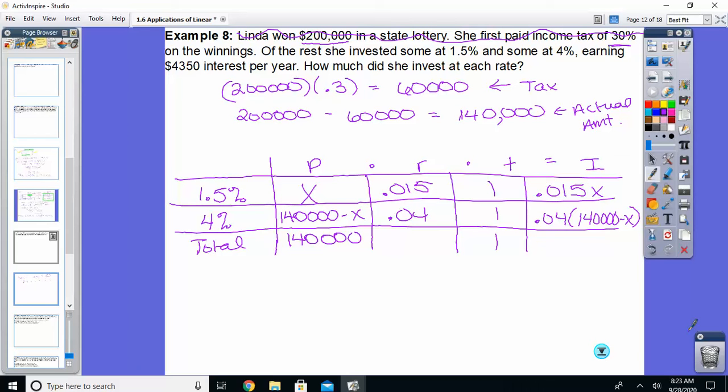So how will I figure out my total interest? Read the problem. It tells us the total interest, so I can just write that number down.